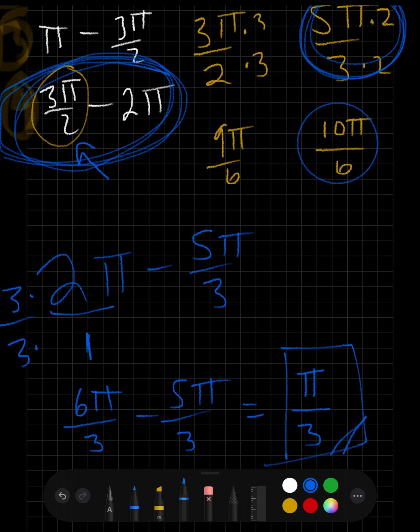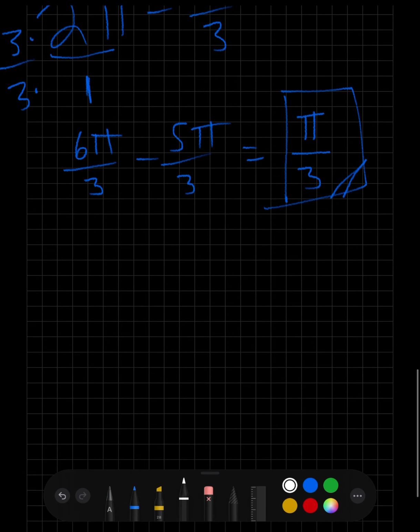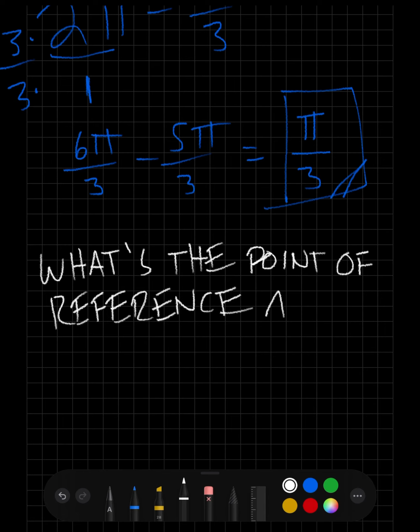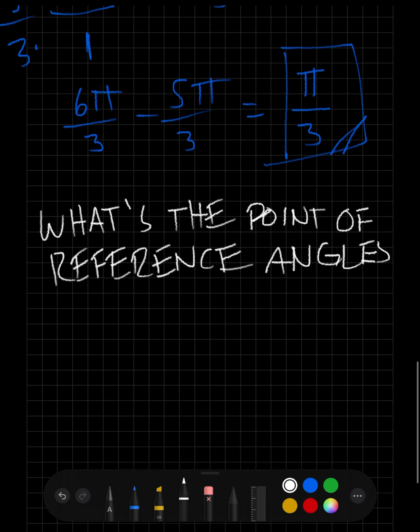Great work, guys. So we can actually use reference angles to help us find values of sine and cosine. So what is the point of reference angles? I'll show you. I'm going to show you in class how to make your own unit circle, how to construct it, how to find those values yourself.